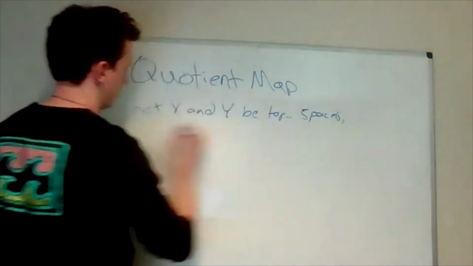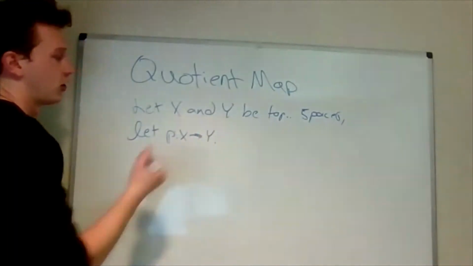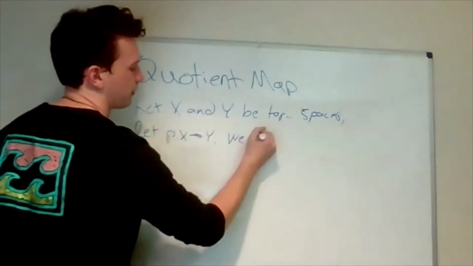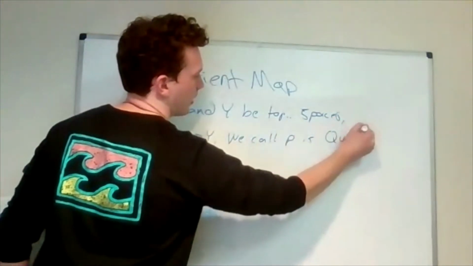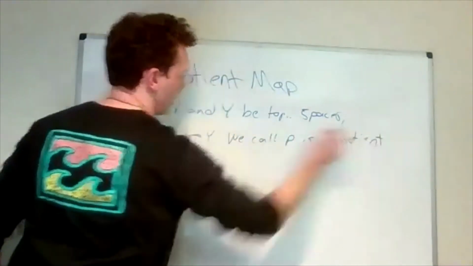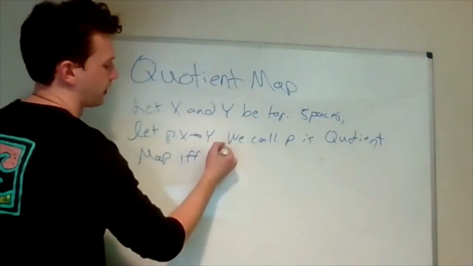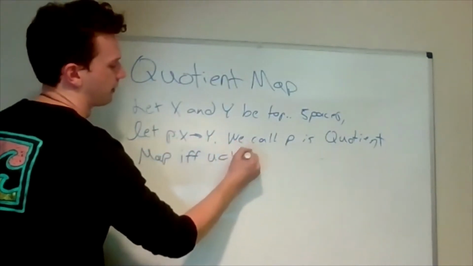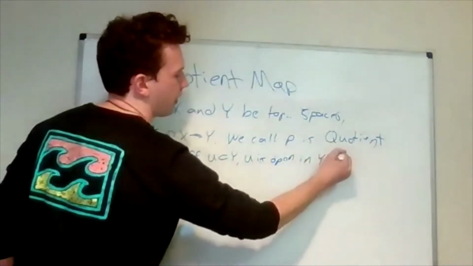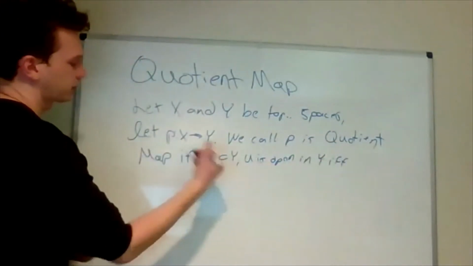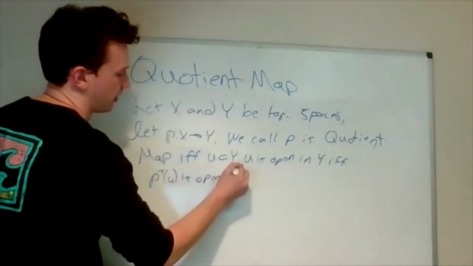Let P be a surjective map from X to Y. We call P a quotient map if and only if for U a subset of Y, U is open in Y if and only if P inverse of U is open in X.